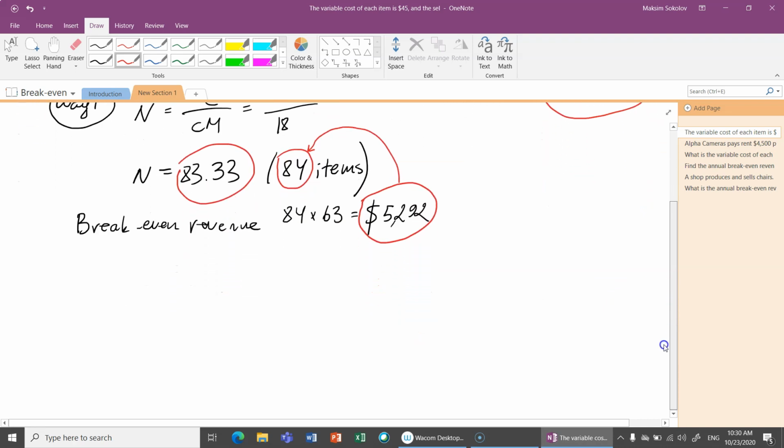Well, let's speak about another way to solve this problem. So we used this more simple way to solve this problem, but another way is also important because of two reasons. First of all, it is important because it will show the application of the relationship, which is total revenue should be equal to total cost at the break-even number.